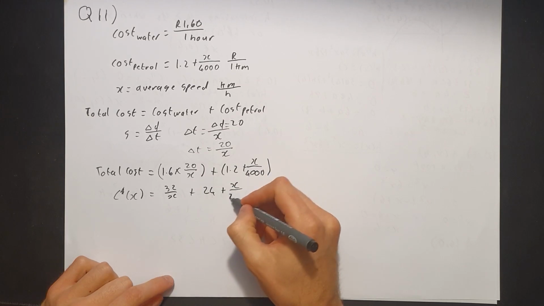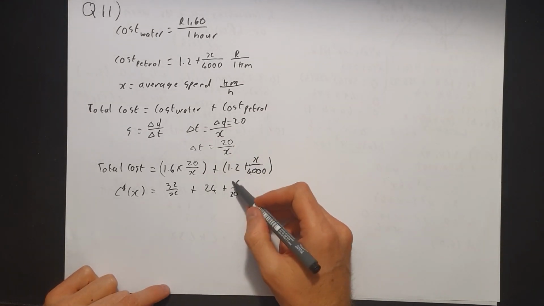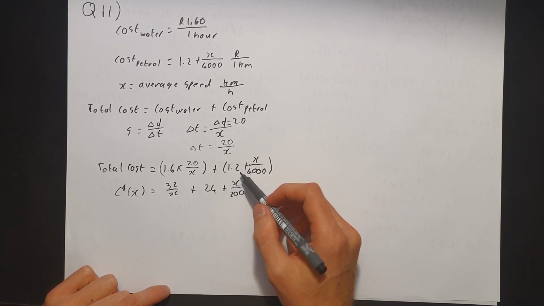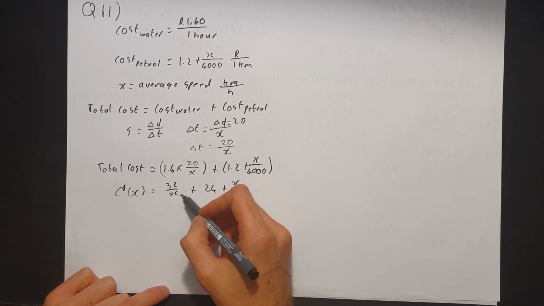Why have I done that? Well, I've done that in order to keep the x on its own and not add it to the 24. The reason for doing that is because taking the derivative is easier. So now what you do is take the x up.